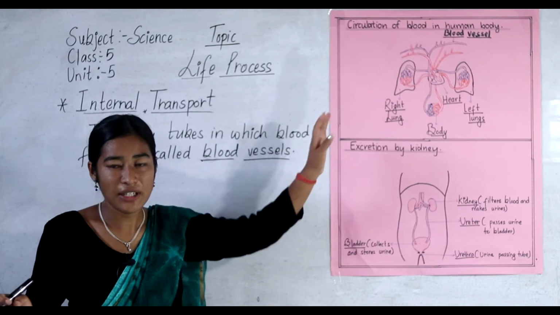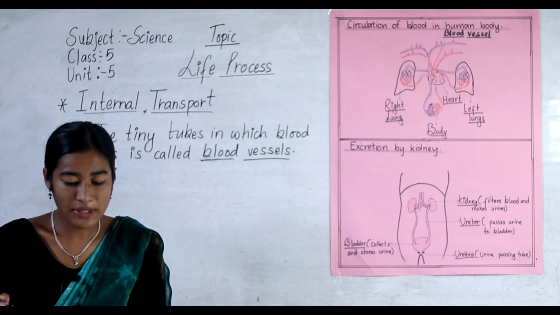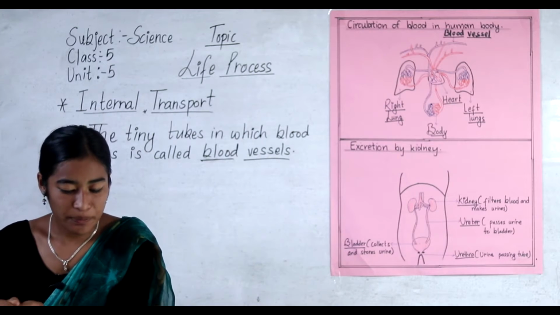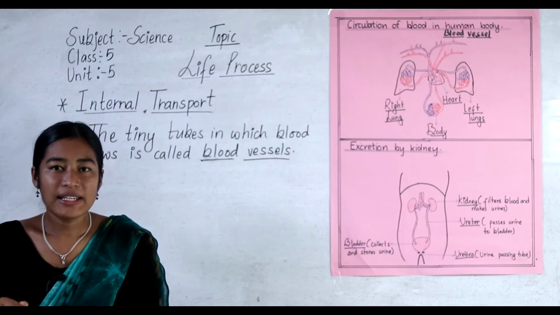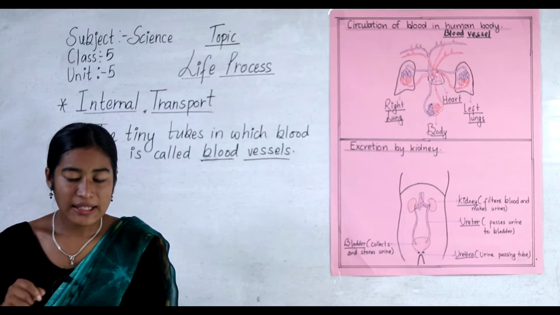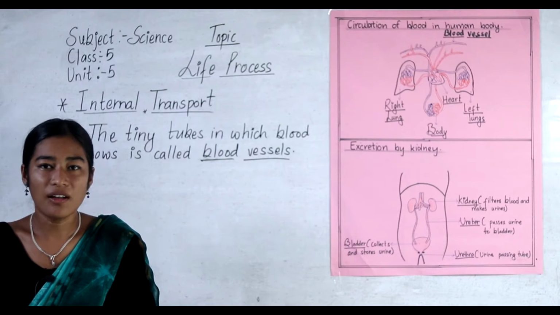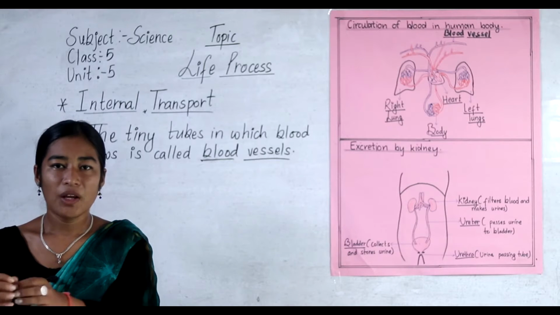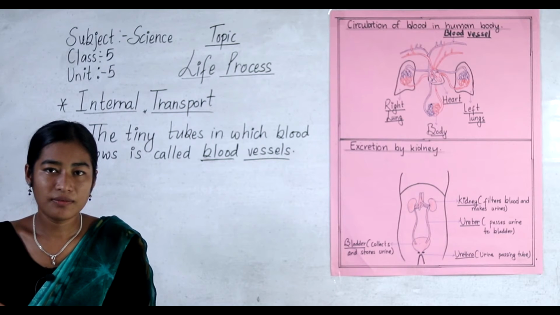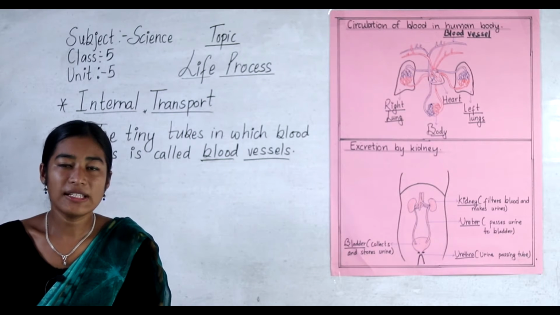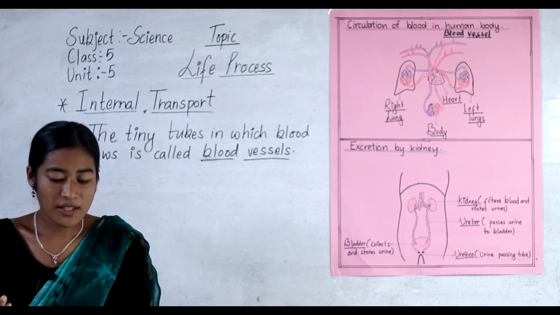Now I will describe it. Blood is carried away from the heart by tubes called arteries, and these arteries form small hair-like tubes called capillaries.